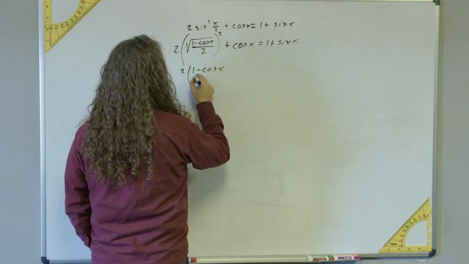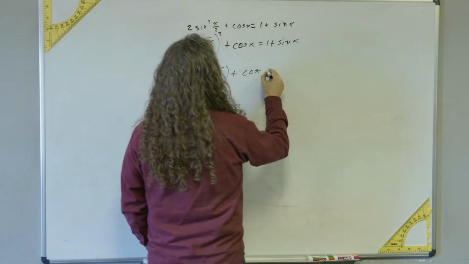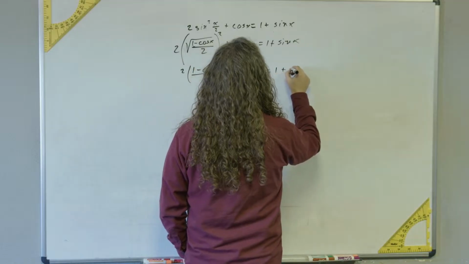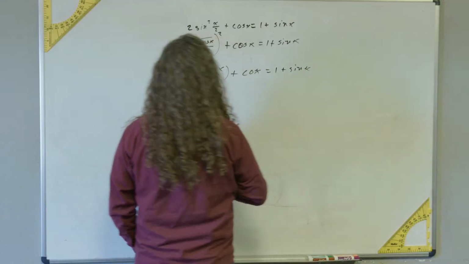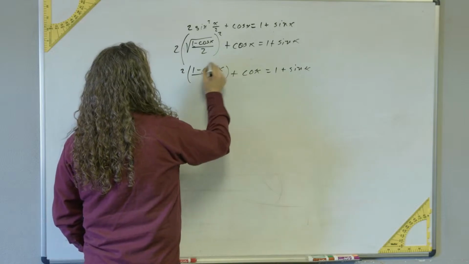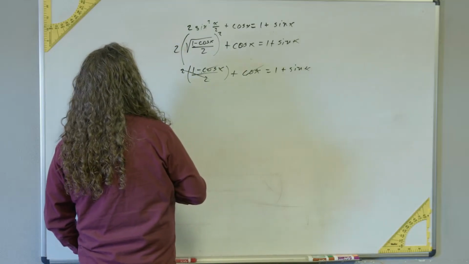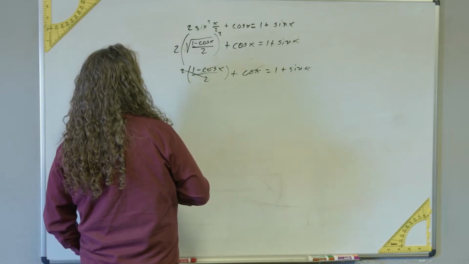1 minus cosine x plus cosine x equals 1 plus sine x. And that cancels, and so does the 1. The 1 doesn't cancel, no, because of the 1 on the other side.